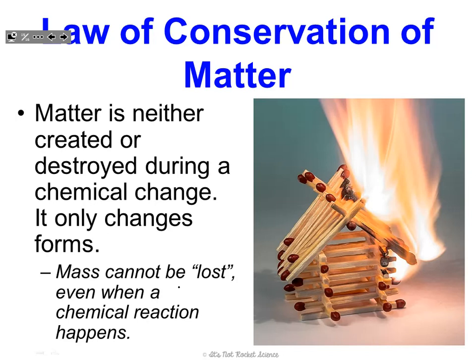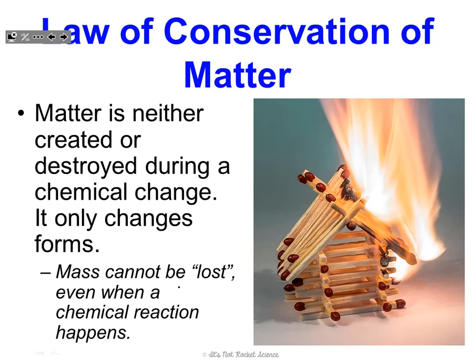So, sometimes what we'll do is we'll do an experiment like this where you can take a match, you can take the mass of it, and then you light it and you burn it and you take the mass after it. And if you can imagine, the mass of the match afterwards is less. It weighs less. Why is that? All right, where did the rest of the mass go? It got changed into a different form, like smoke.